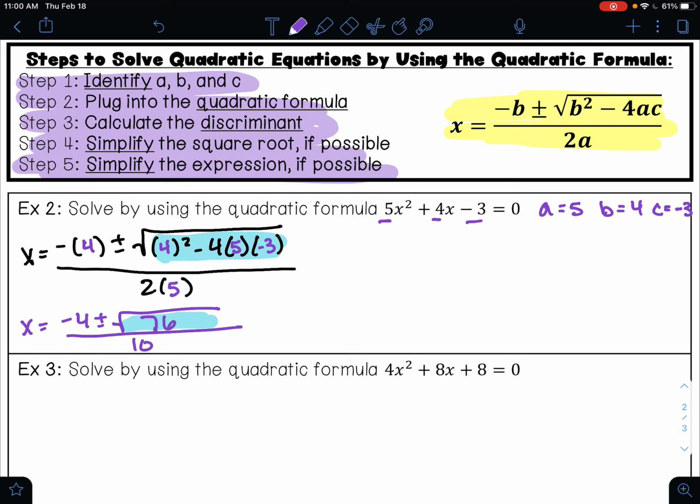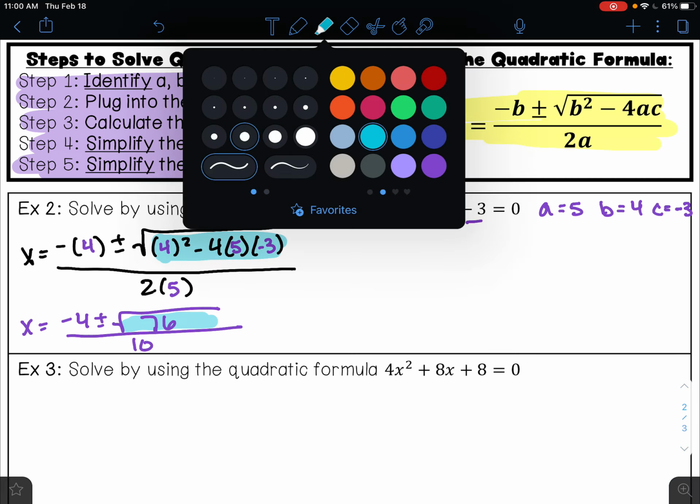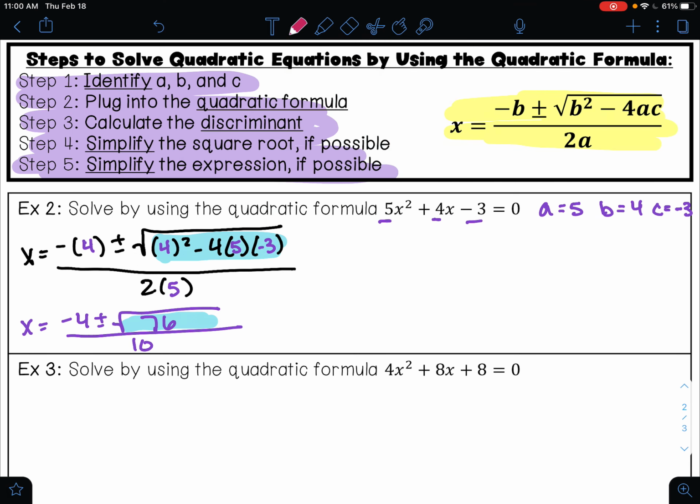Step 4 is to simplify the square root if possible. So let's see. I need to simplify the square root of 76. 76 is not a perfect square. So to simplify this, I'm going to have to use the birthday cake method. The smallest prime number that goes into 76 is 2.